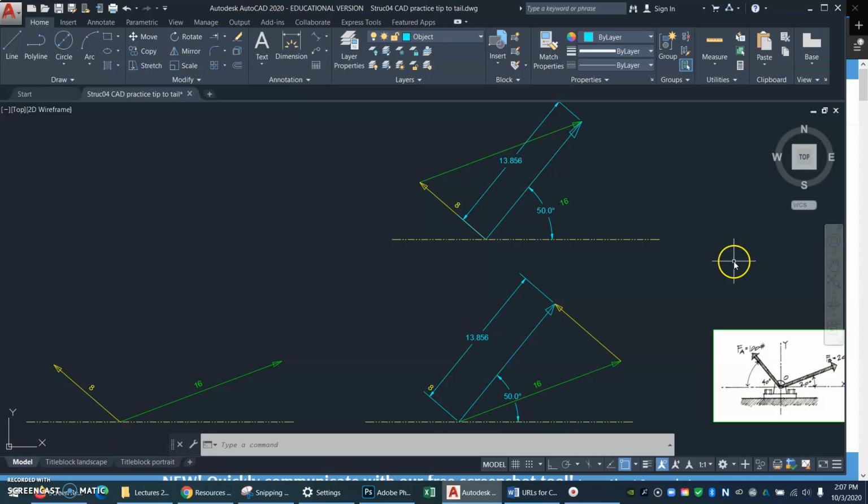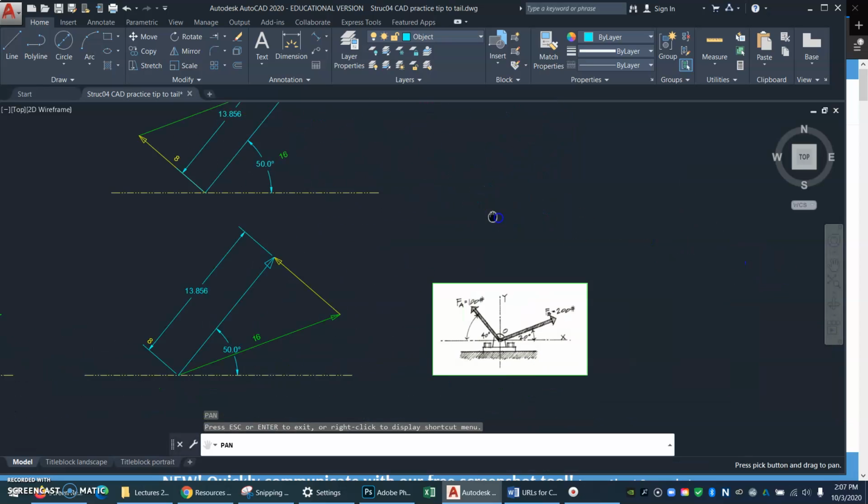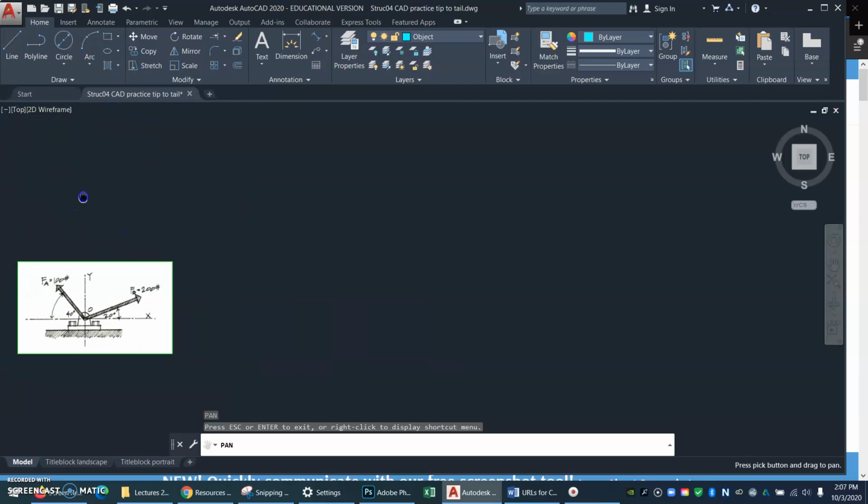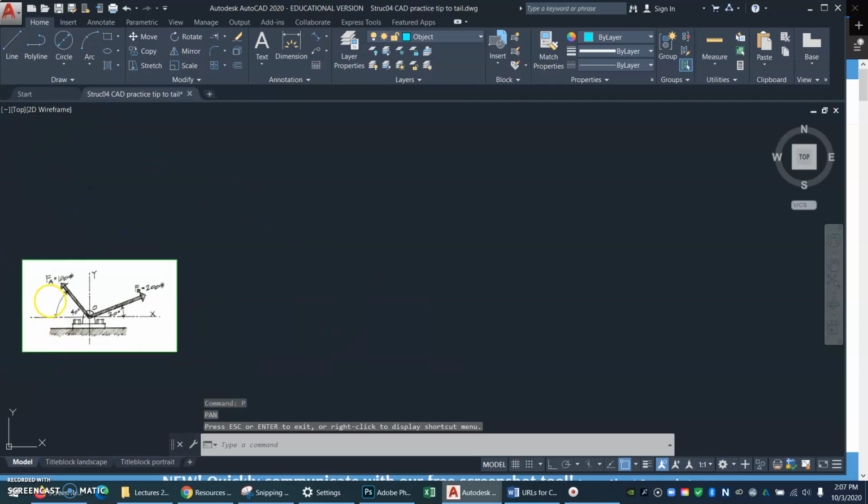Now let's look at our homework problem, which is this. These lines are longer, 100 pounds and 200 pounds. So let's do a couple of things.